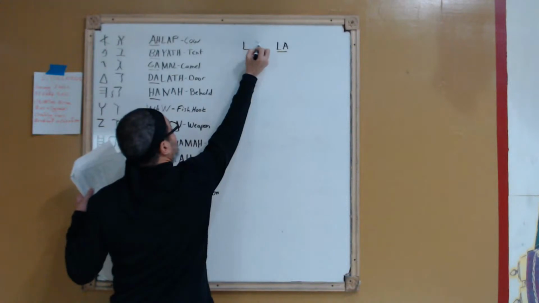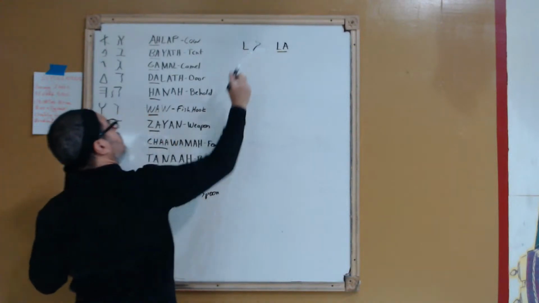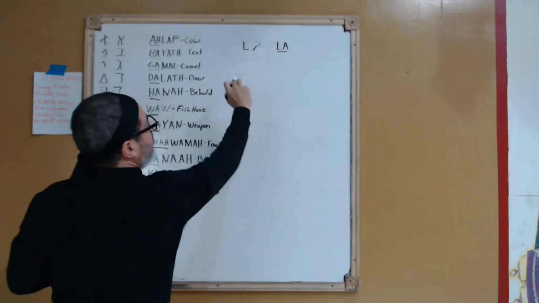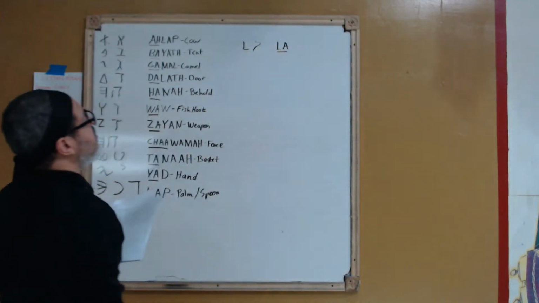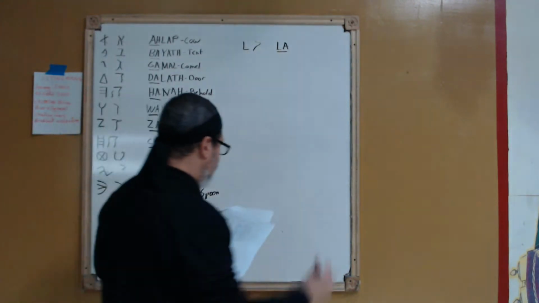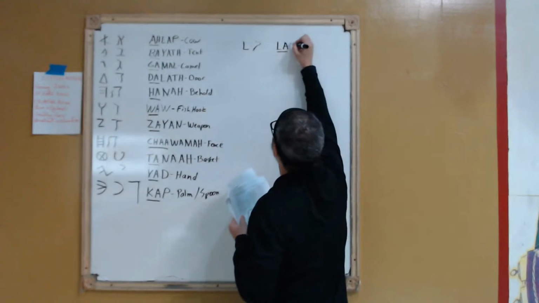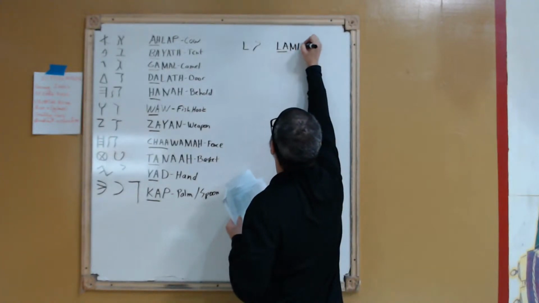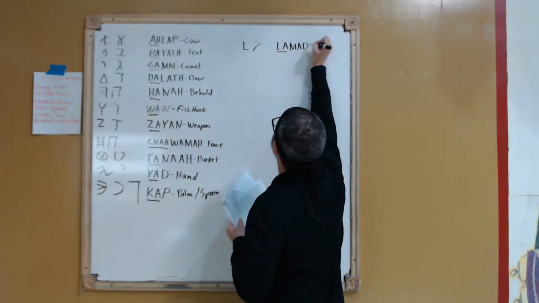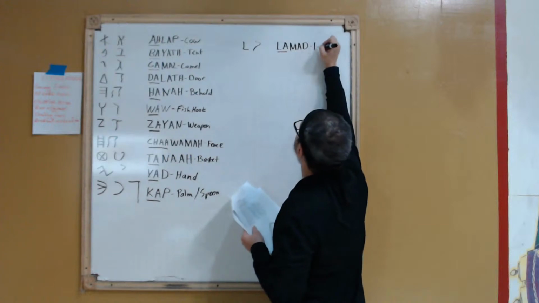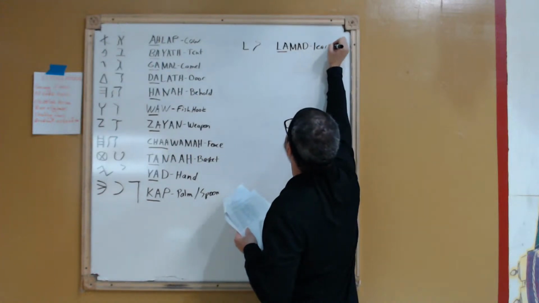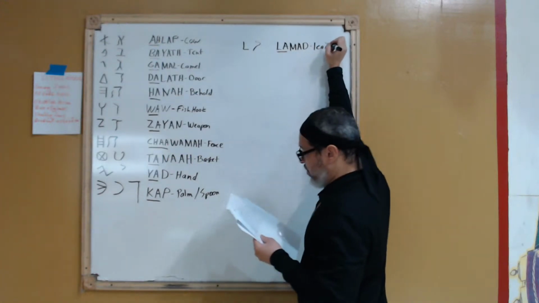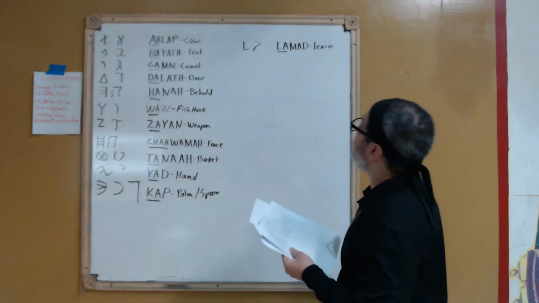It looks like a slanted curve. It's got a lip like a slanted curve. And that was short for Lamad, which is learn. That's what we are doing right now, learning the alphabet.